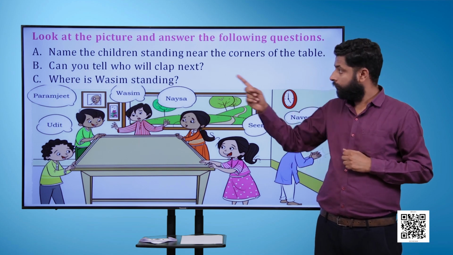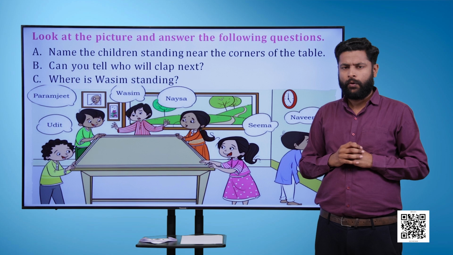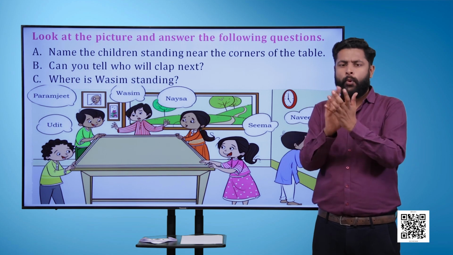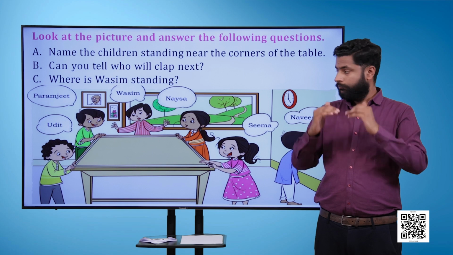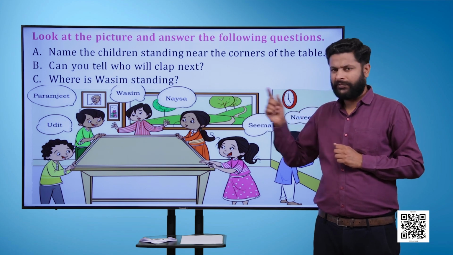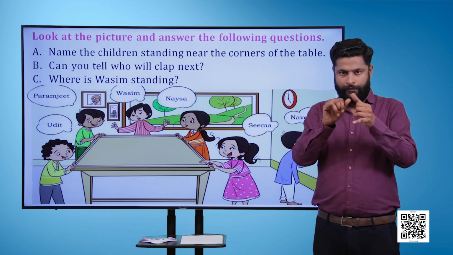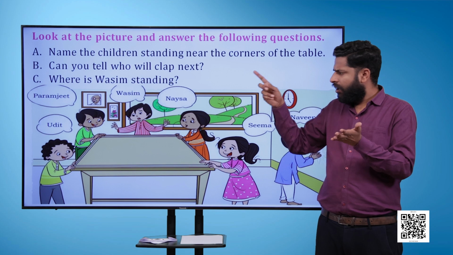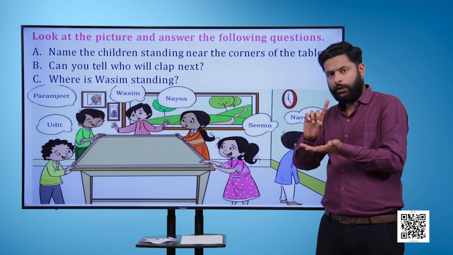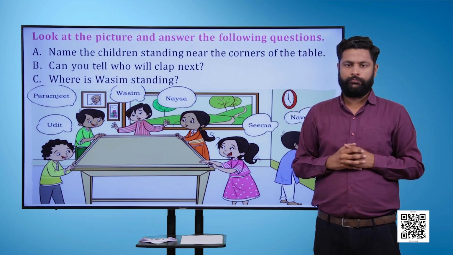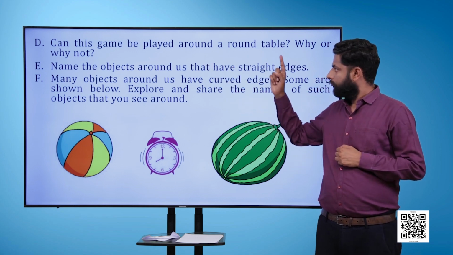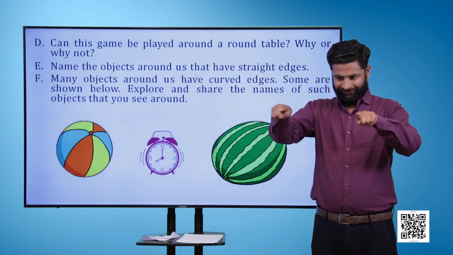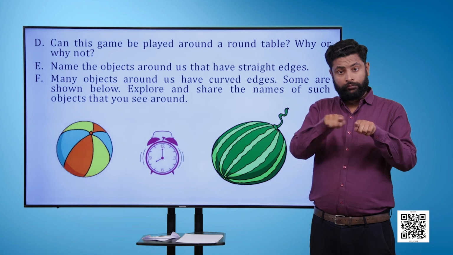B. Can you tell who will clap next? C. Where is Wasim standing? D. Can this game be played around a round table? Why or why not?